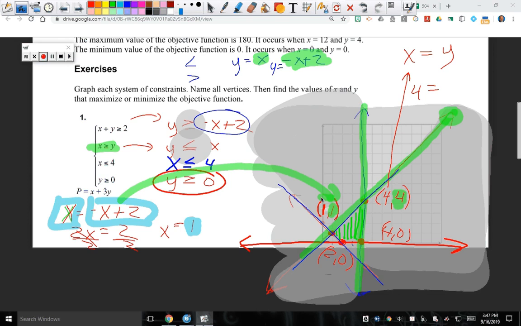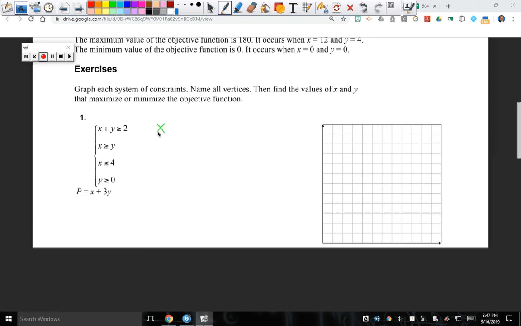Now with the calculator, I would suggest this. Do the system of equations, menu 3, 7, 1, and you're going to do them 2 equations at a time. Do the first 2 first, making it equals, or you will get an error. So do these 2 first, then these 2 second, then these 2 third, and then those 2 last.